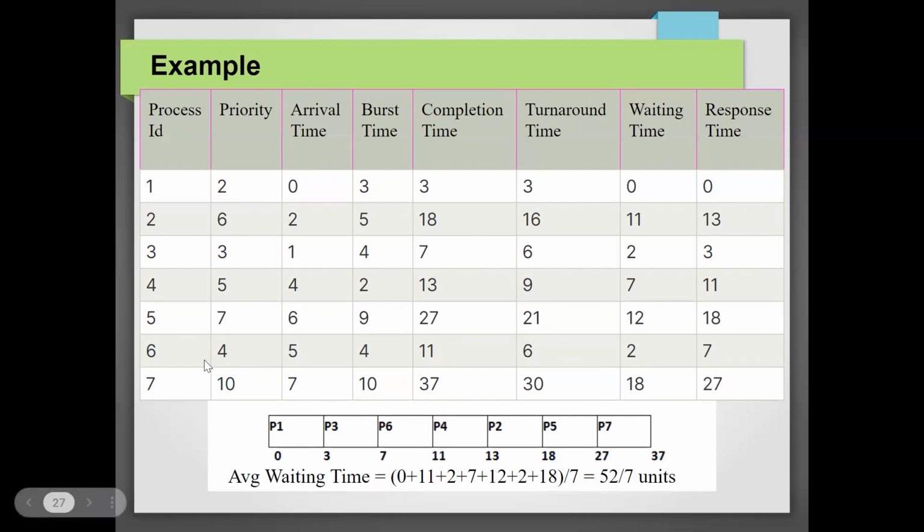The burst time for process P6 is 4, so process P6 executes for 4 units of time. At time 11, process P6 completed execution.